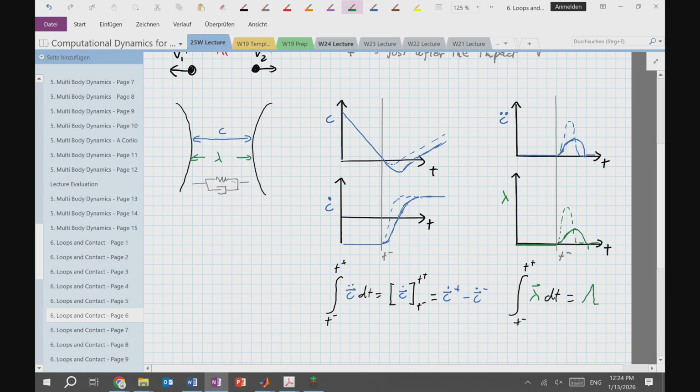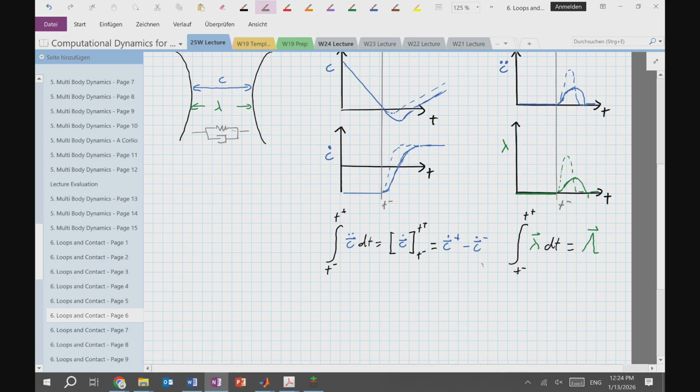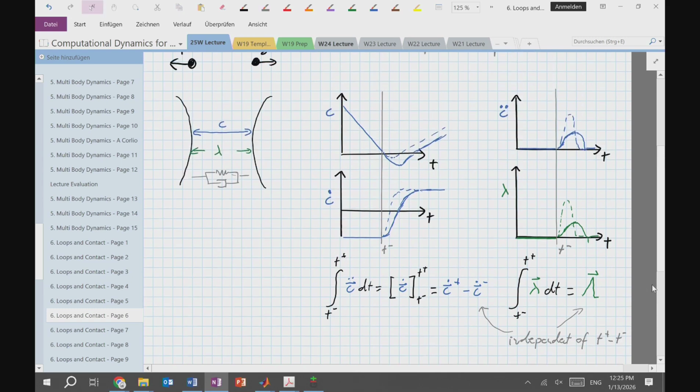The integral over the constraint space accelerations is the difference in constraint space velocity, and this integral we call capital lambda. And we just saw that the amount that we get here in both cases is independent of the duration of the impact, which I will write here as t plus minus t minus.